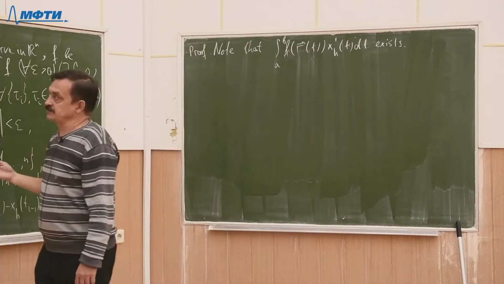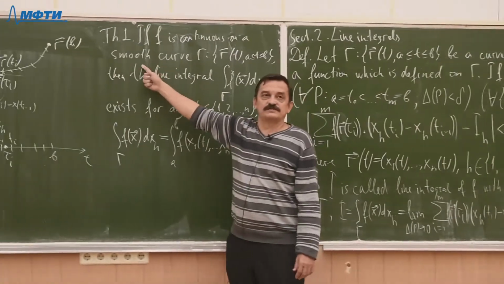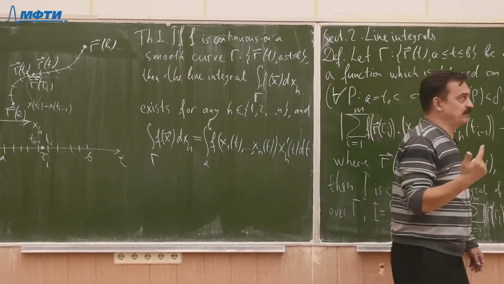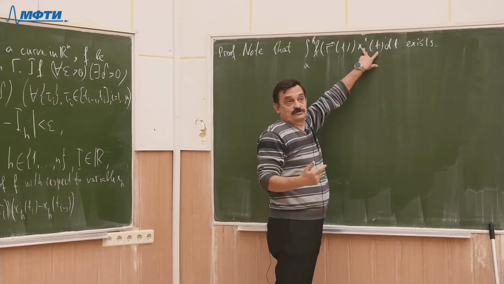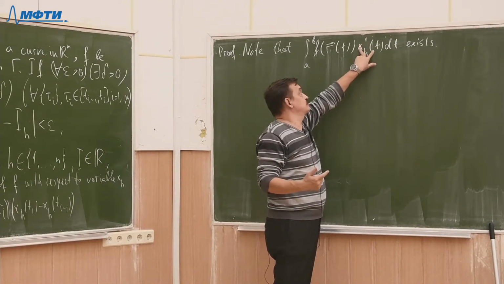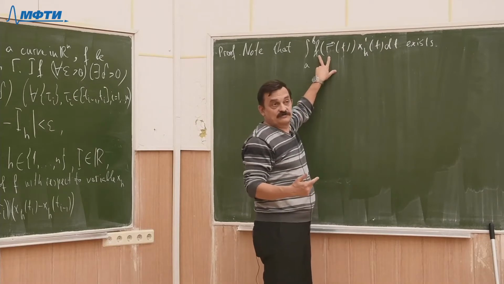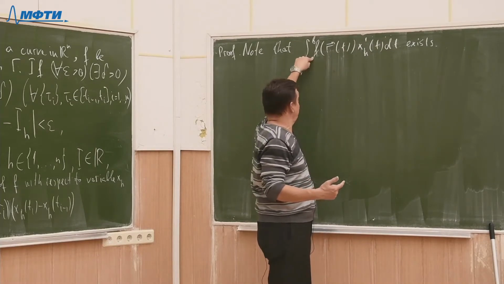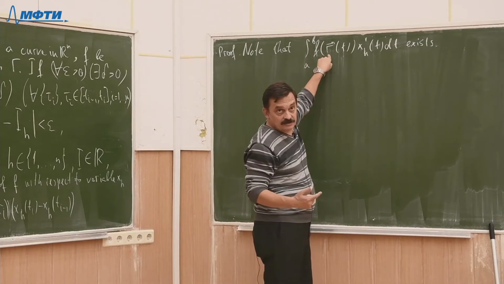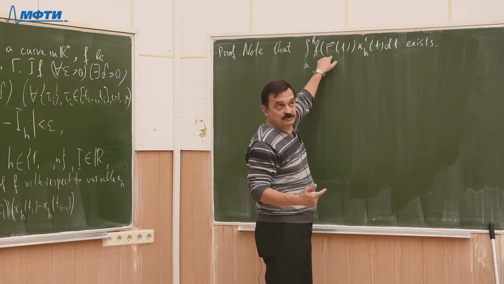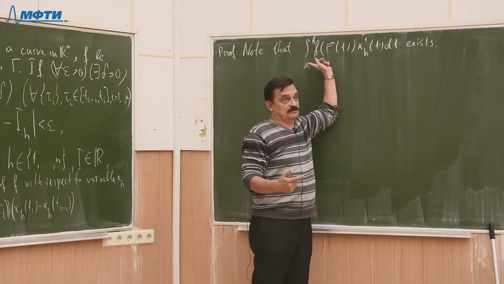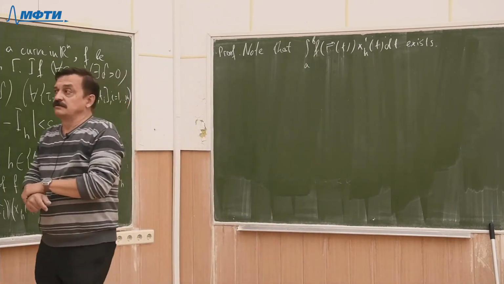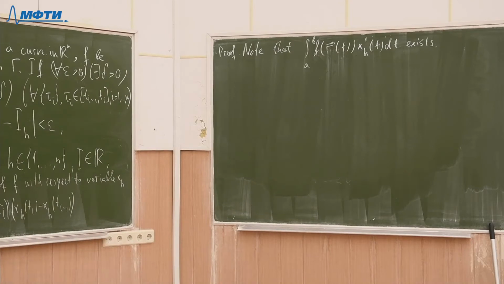Because we suppose the curve is smooth. What does smooth mean? In particular, it means the derivatives are continuous. So that is a continuous function. That is also a continuous function, because f is continuous and r is continuous. A composition of two continuous functions is again continuous.